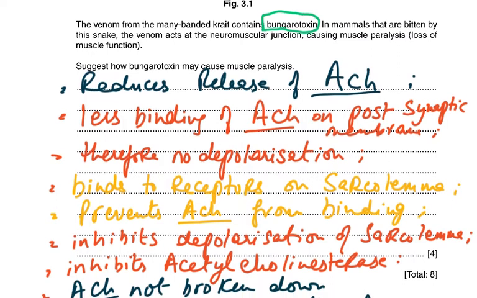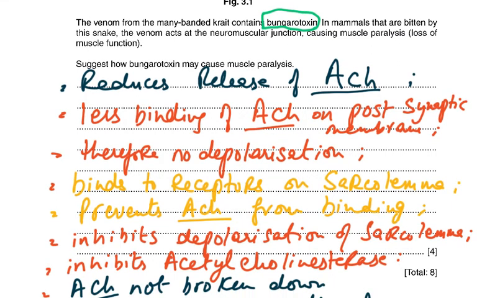So, reduces the release of acetylcholine. What does ACh stand for? Acetylcholine. Now, you can write that as a standard abbreviation. This is a neurotransmitter.